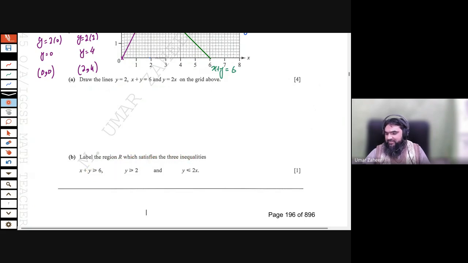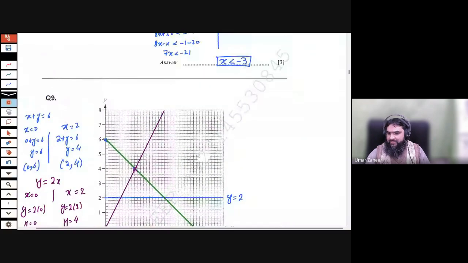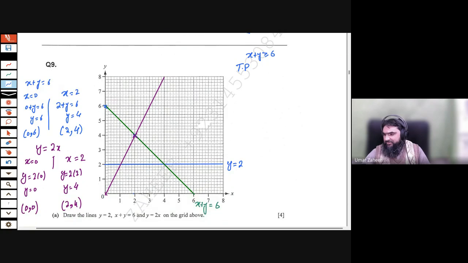We have the first inequality, x plus y is greater than or equal to 6. So what we are going to do, we have to take a test point. Anyone, choose any test point?